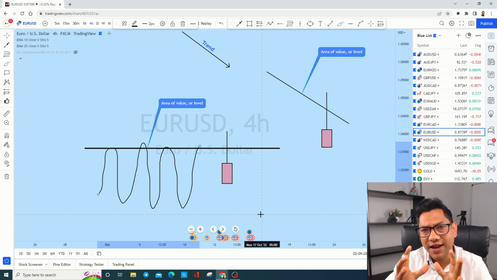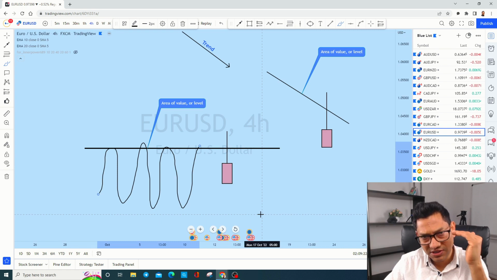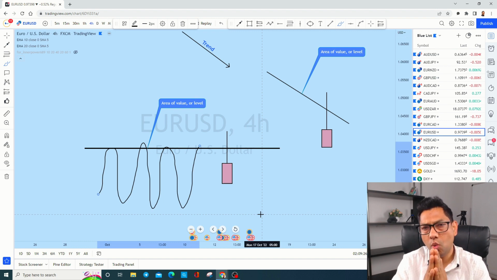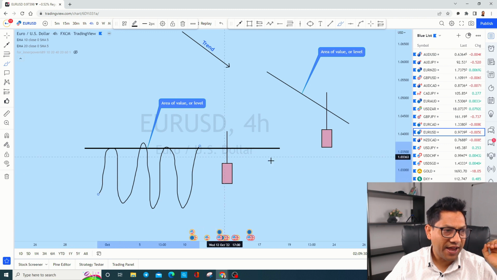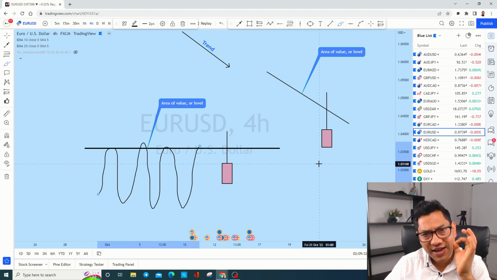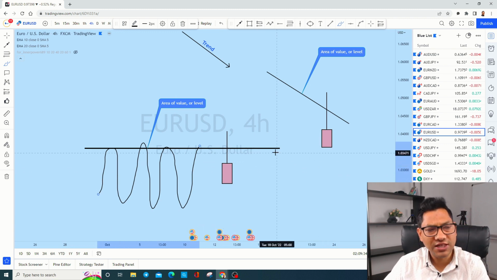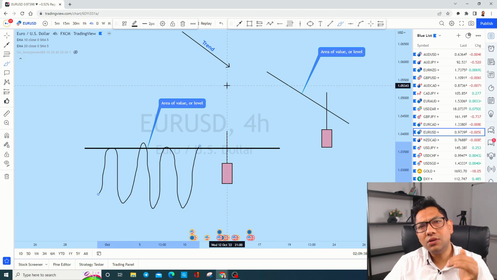Once you found that level, a resistance or a support, wait for one candle to violate that level. One candle that you clearly see has gone up and then closed back below the level.